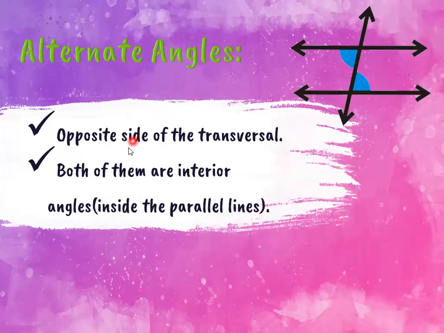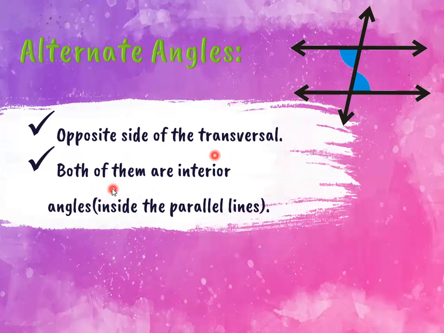And the second property of alternate angles is that both of them are interior angles, meaning they lie inside the parallel lines. So if you look at this figure, this is the transversal, the intersecting line, and these two lines are parallel lines.